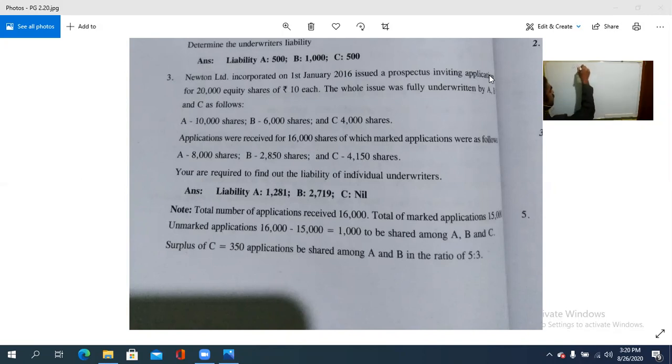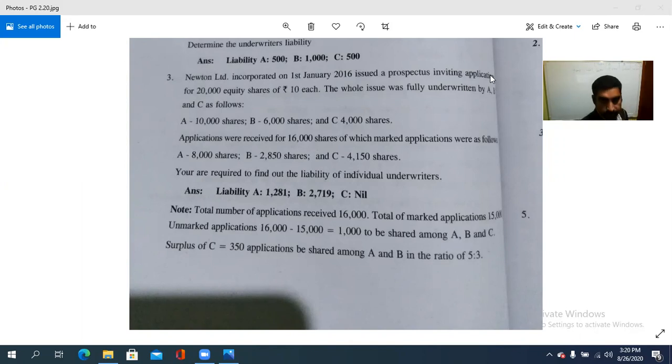So the gross liability for A, B, and C: the gross liability with regard to A is 10,000, here it is 6,000 and here it is 4,000, total 20,000. So the gross liability is 20,000, for that 10, 6, 4.